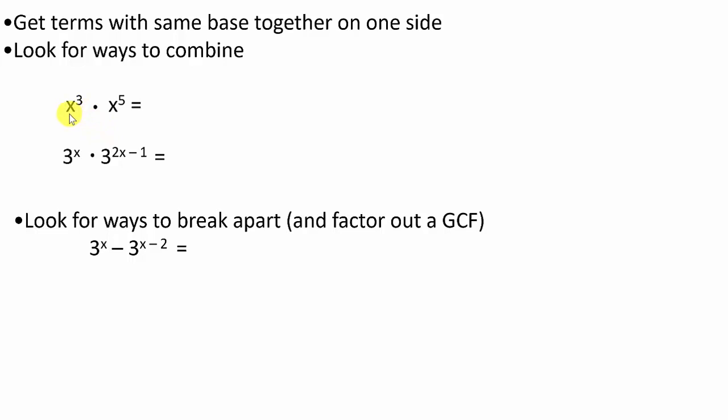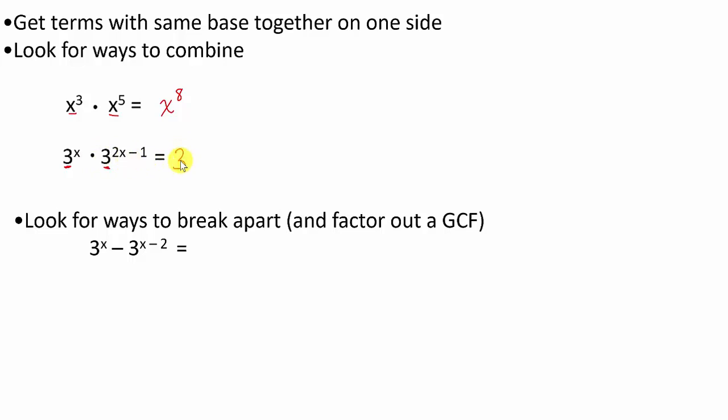You know that if you have x cubed times x to the fifth, notice the bases are both x, that when we multiply those, we actually add the powers. So this becomes 3 plus 5, which is 8. That's true even when we have a base that's a number. This is a base of 3 with a power of x, and this is a base of 3 with a power of 2x minus 1. Because these two bases are the same, and we are multiplying, I can add the powers.